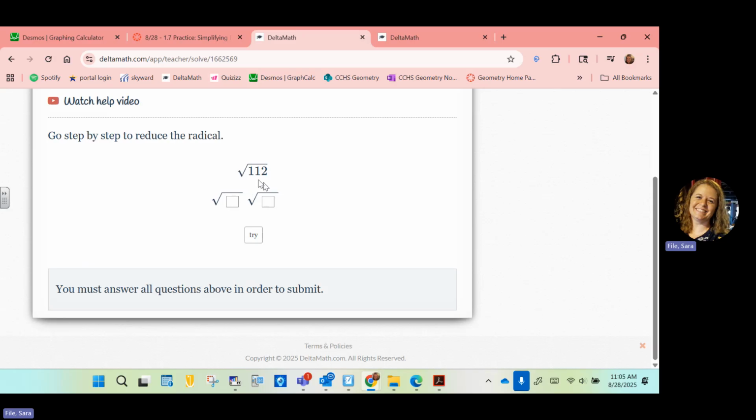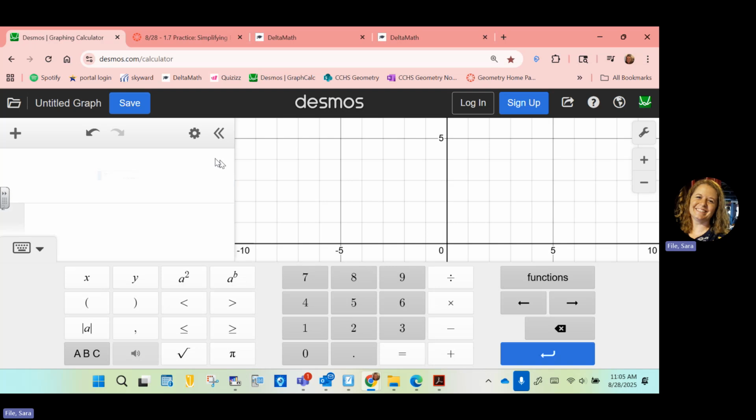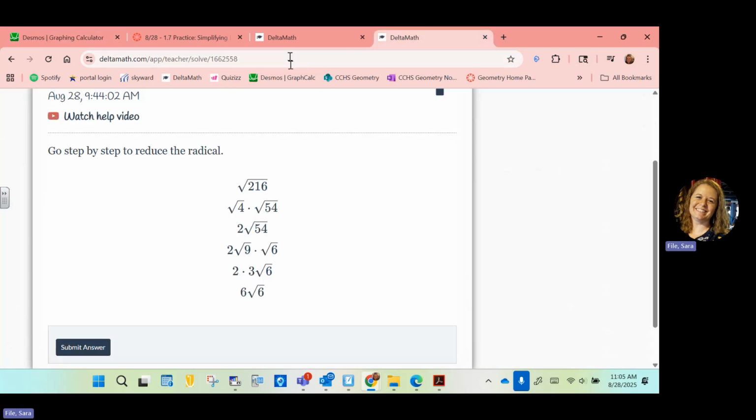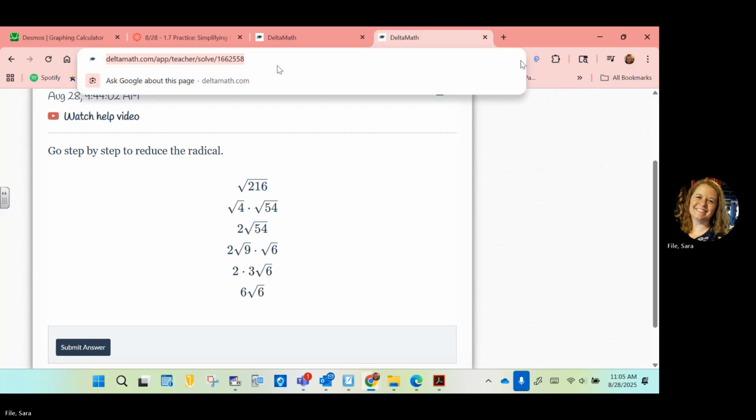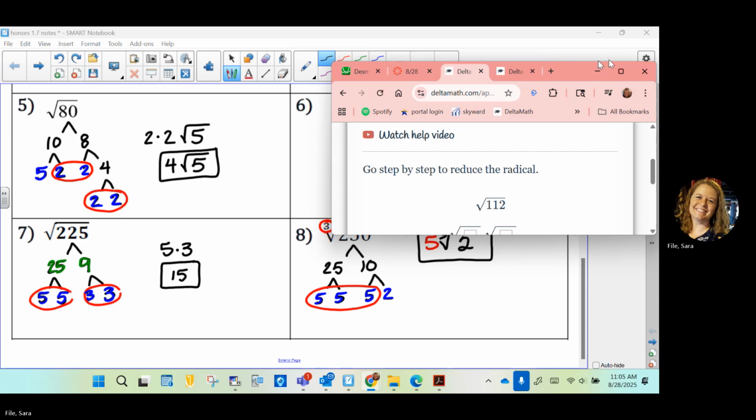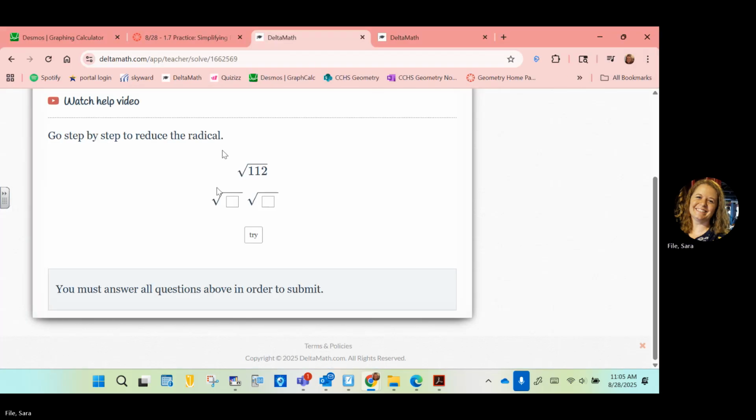If you don't know it, you could type in your calculator 112 divided by, and then check some of your perfect squares. Like 4, hey, that divided evenly. So 4 is a factor. So 4 and 28. So I would come over here and type in 4 and 28.